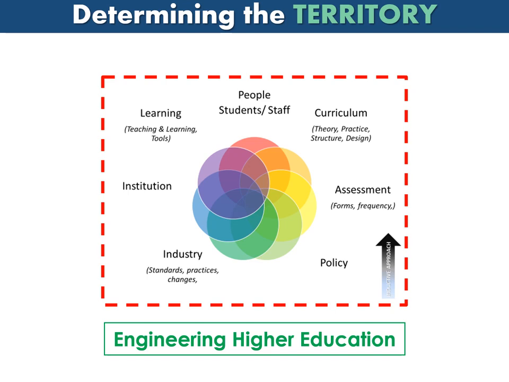In fact, if you Googled the term engineering higher education, you'd come up with a number of publications or sites or platforms that deal specifically with all features in engineering higher education. So, that's the territory in which you're working. We obviously cannot solve all the problems implied in this territory map.